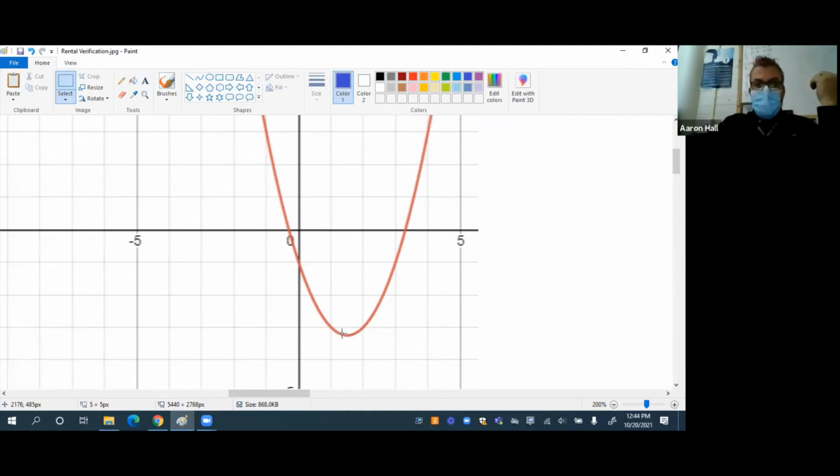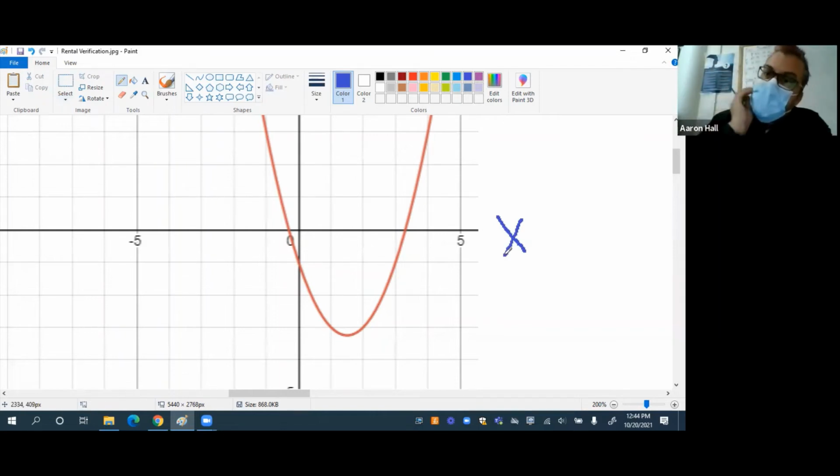Do you guys see that we have a slope of 0 right there? So for my derivative function, this is my x-axis. My y-axis is the slope. So my slope at this point right here is 0.